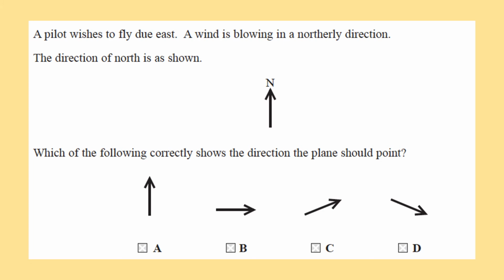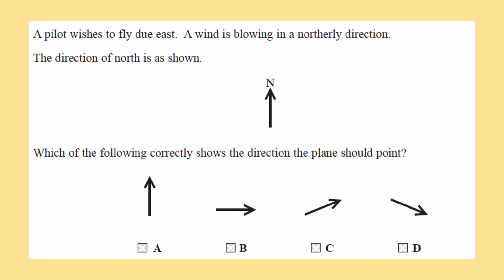Option A, if the plane has its thrust going in that direction, it's going to be enhanced by the wind in the northerly direction, and the plane's going to increase velocity in the northerly direction. It's not what he wants, he wants to go east. So if we look at B, where he's going due east, the northerly wind is going to have an effect on the aircraft.